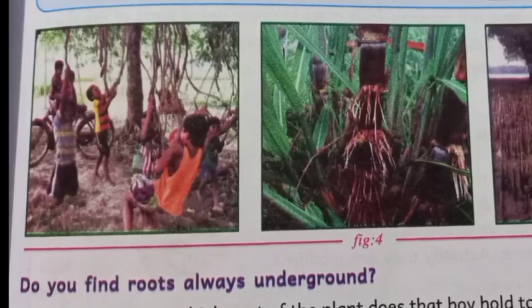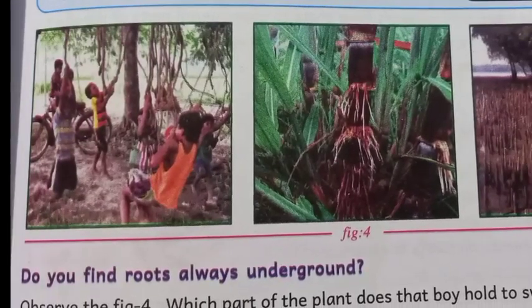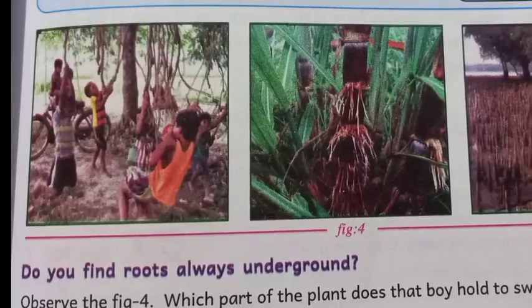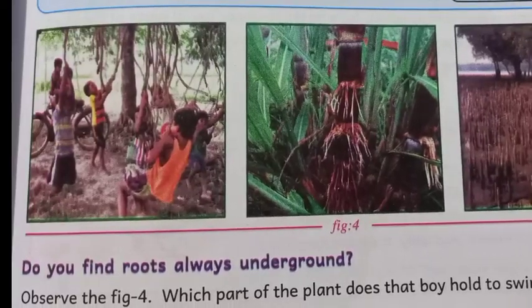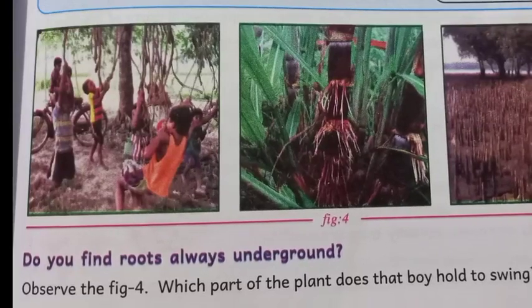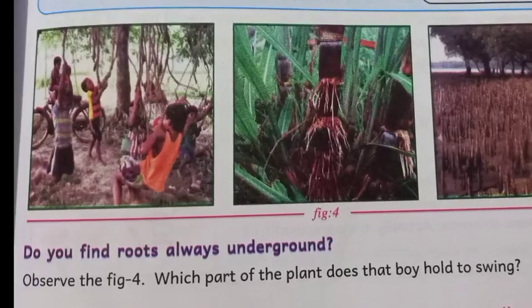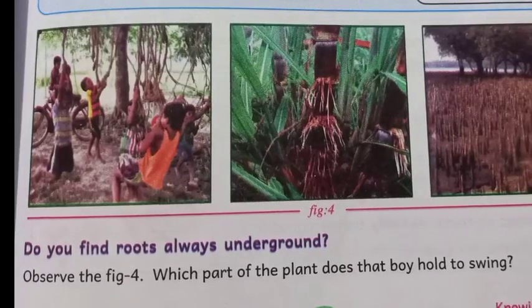In order to perform some additional functions, in some plants, roots grow above the ground. Such roots are called aerial roots. That means roots we find above the ground are called aerial roots.